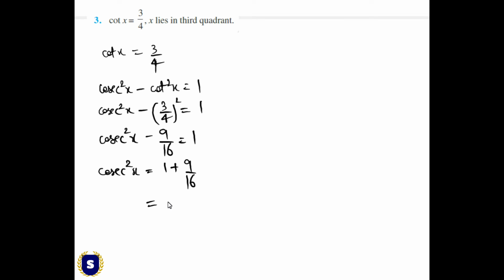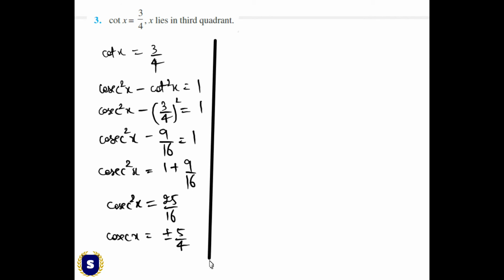So, taking LCM, we'll get its value as 25 by 16, and hence the value of cosec x is equal to plus minus 5 by 4.